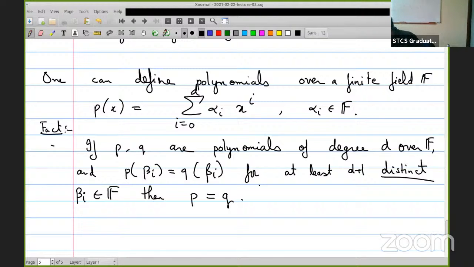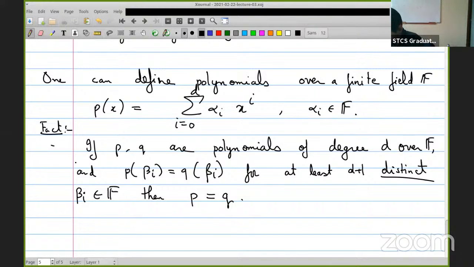Of course, because it's a finite field, d cannot be too large, since there are only so many points in the field. But let's not worry about that. This result is just true. It's just that polynomials of degree higher than d are not quite polynomials of degree higher than d when seen as functions. But for us that won't be an issue.